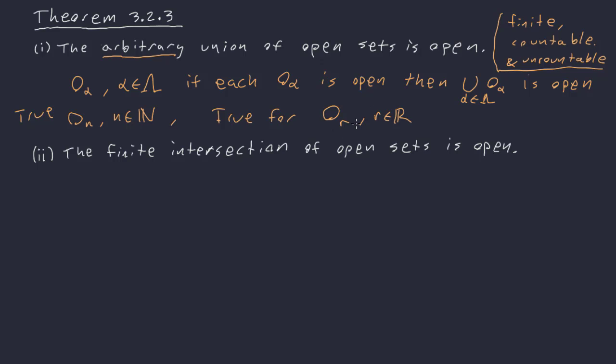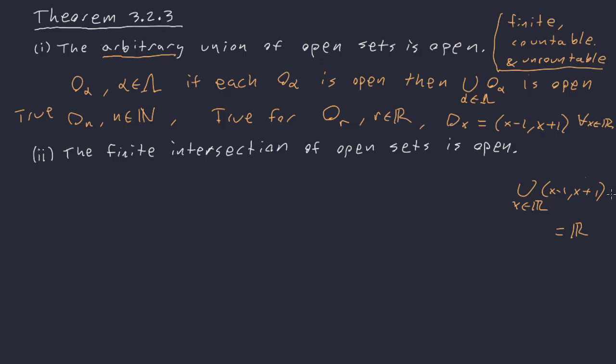So you can imagine if we were to take, let's say, O sub x, every O sub x just took an x and said x minus 1 to x plus 1, for all x in the reals. Then if we took the union of all of those, well, the union of all of those is going to end up being R, right?